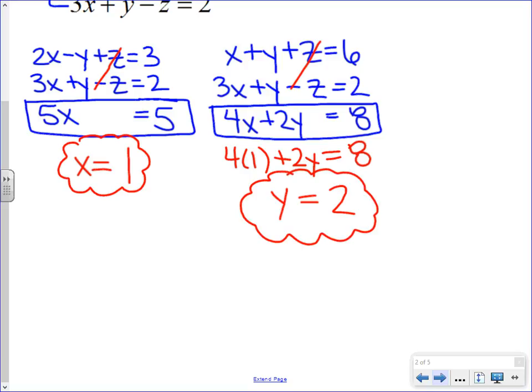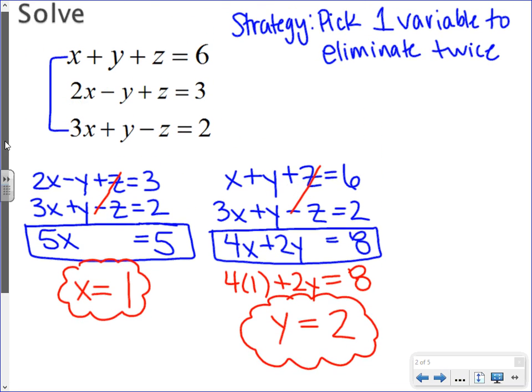Okay. Now that we have both x and y, we can come up to the very top and choose one of these equations to plug 1 and 2 into. The first one is probably the easiest to plug into.